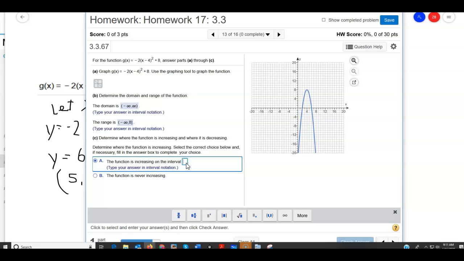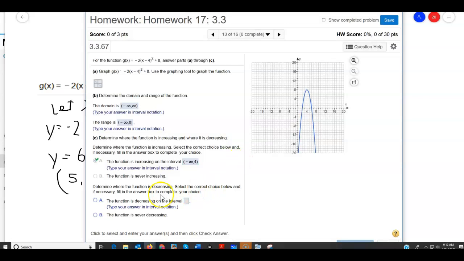So that's increasing. We're going to start at negative infinity, and it goes all the way until we get to x equals 4. Right when we get to the x value of 4, this function stops. So we put 4 in there with parentheses, because we're not including the 4, because right at 4, this function is neither increasing nor decreasing.